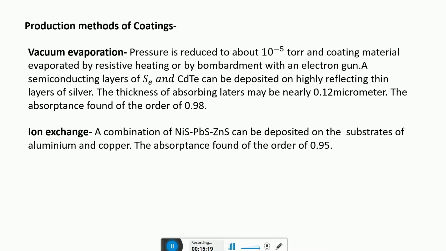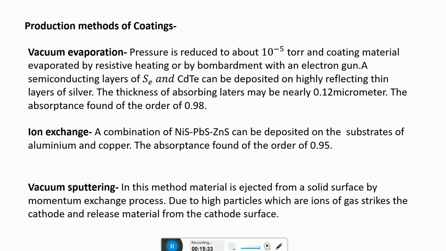A copper sulfide layer may be deposited on copper as well as aluminum substrates, and the absorptance is found to be of the order of 95 percent by this method.